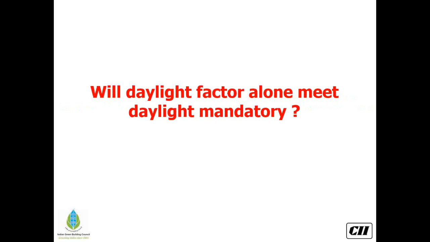The other very significant credit where we actually face issues is, will daylight factor alone meet the daylighting mandatory requirement? Many of the projects are doing better and better, but still we want to inform the actual significance, because for the new projects which are not meeting the documentation requirement, we want to highlight how they can submit and increase the quality of their submissions.